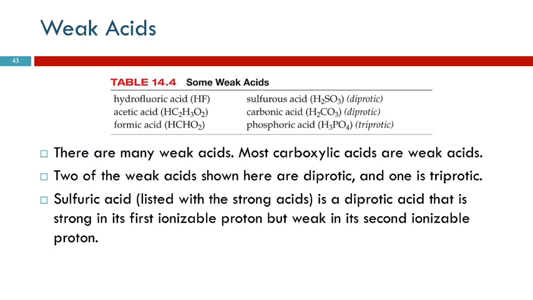There's lots more. Anything that's not one of the 6 strong acids is a weak acid. We've got 2 diprotic acids here, carbonic acid and sulfurous acid. Phosphoric acid is a triprotic acid.